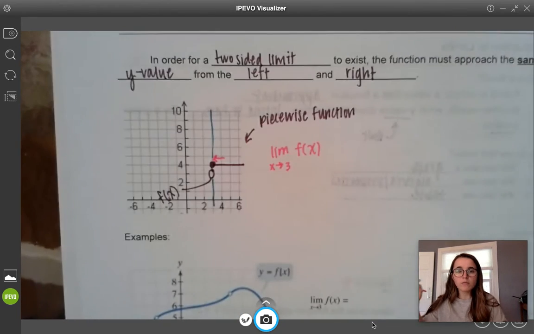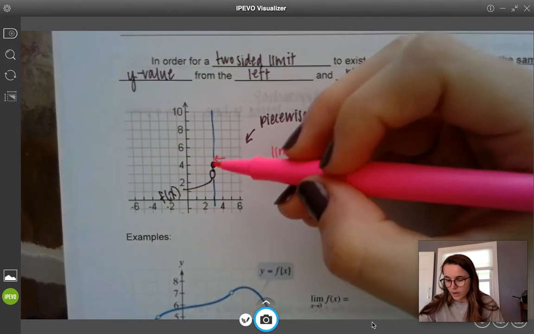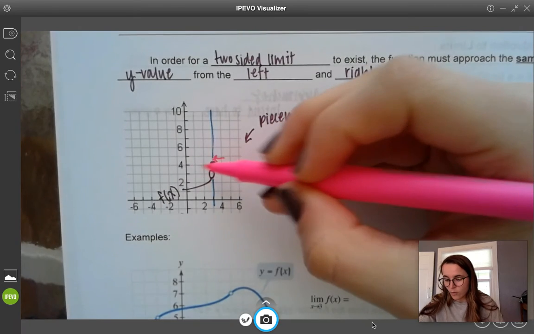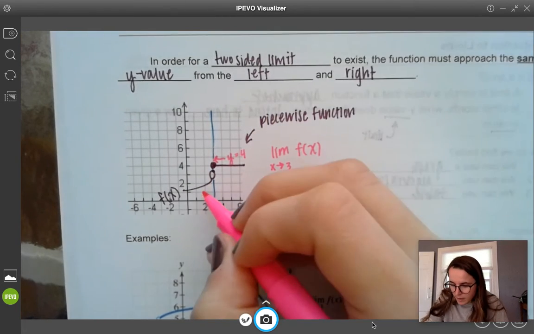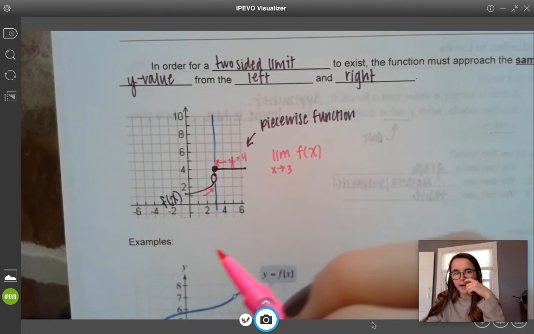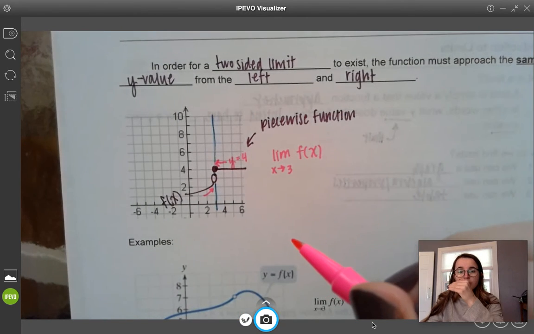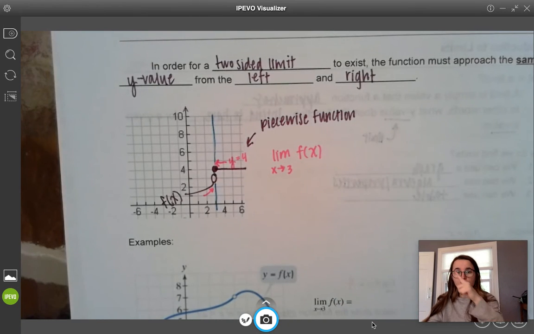All right, so from the right, we can see that the function is approaching 4. Our y value is 4 from the right. So y equals 4. However, from the left, even though there's a little donut hole there, it's still approaching 3. It doesn't equal 3, but it approaches 3. If it equaled 3, we wouldn't have a function.